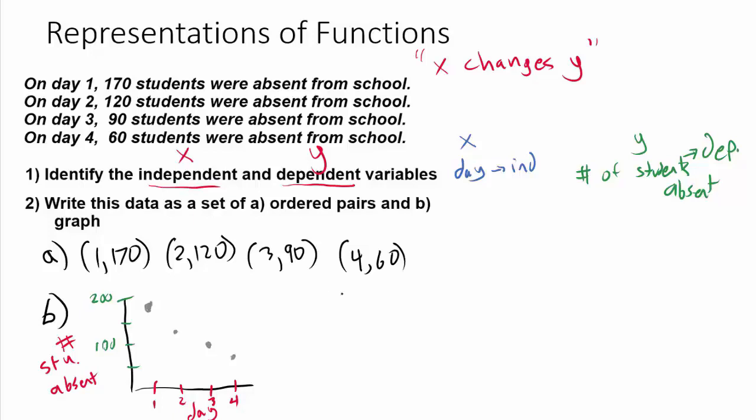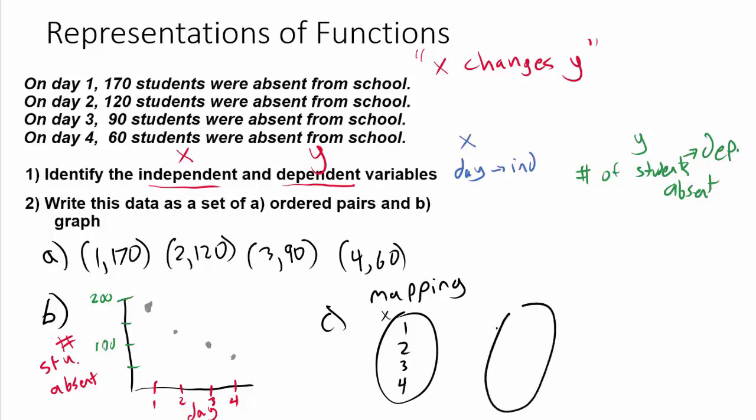One more thing that I'll add here, I'll add a C. We'll call this a mapping. You may see that, or a table even. Tables I'm going to assume you guys are pretty good with. But for a mapping, what you usually do is list out in one grouping all the x variables, and in the other one, all the y variables. Not always, but sometimes they'll make sure these are in order, listed from the smallest to the biggest.